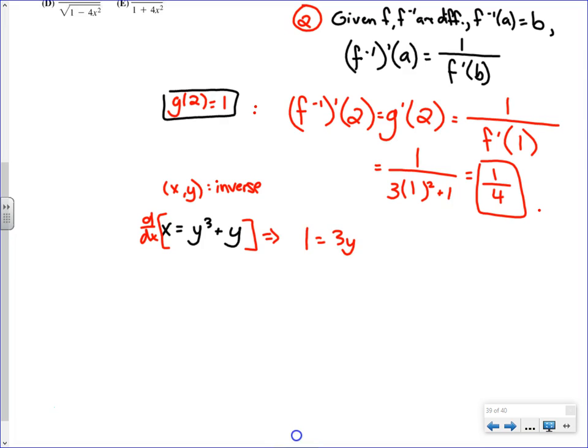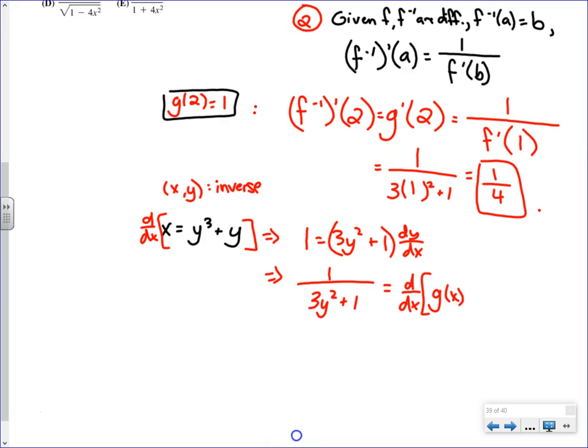So that would lead us to 1 equals 3y squared plus 1, all of that times dy dx, because both of them were in terms of y. And that would lead us to 1 over 3y squared plus 1 equals dy dx, hence the d dx of the y of the inverse, or g.